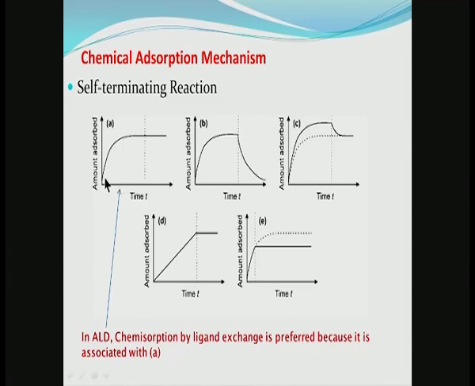What we have here is a quick saturation and a complete saturation. Now, in the second one, in B, you have saturation, but then again desorption and so on. So, there are different kinds of reactions that can happen on the surface in the ALD process. What is desirable in ALD is chemisorption by ligand exchange, because it provides us with this rapid saturation and stable saturation, as in figure A over here.